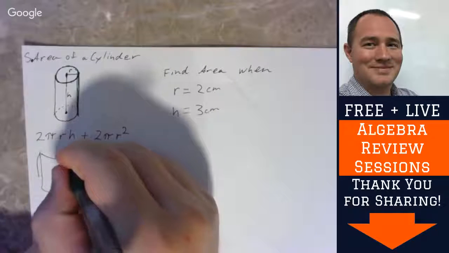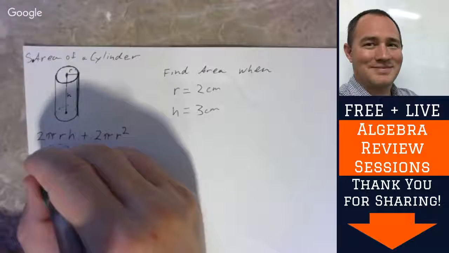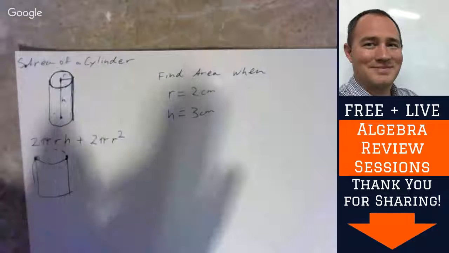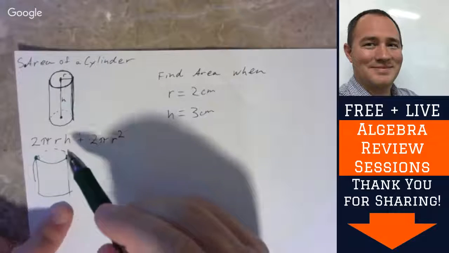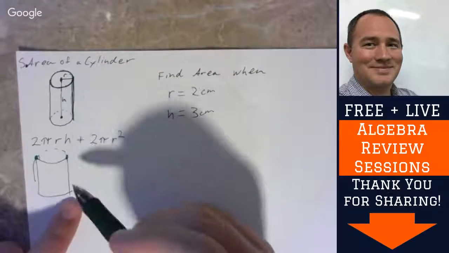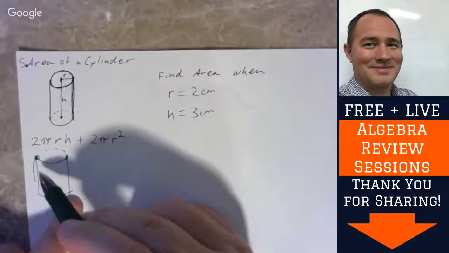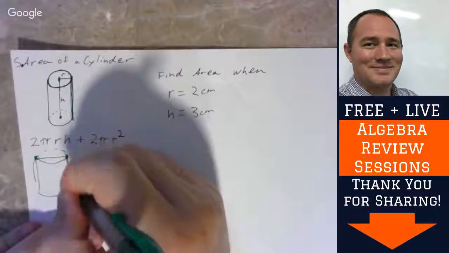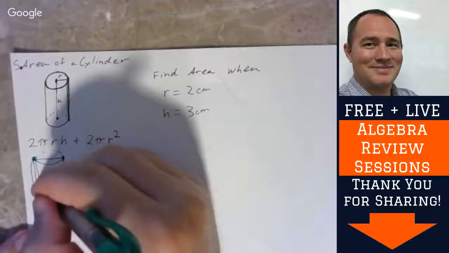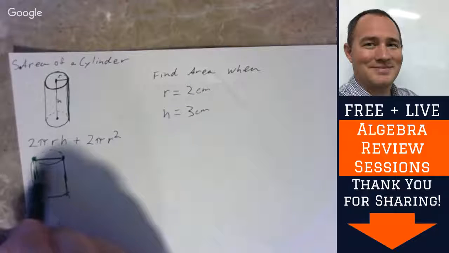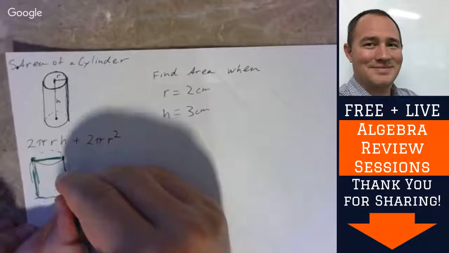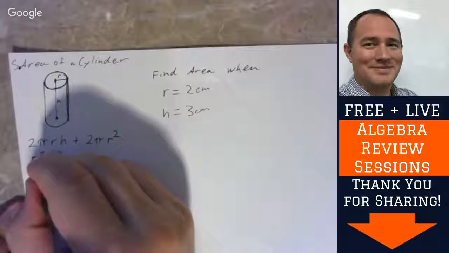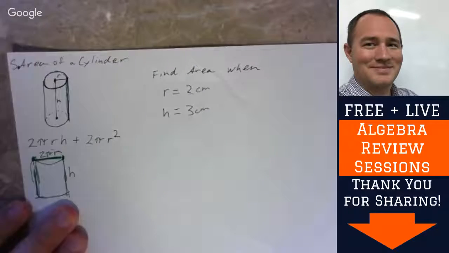So if we unwrapped this label from this can, that would be the area, and if we fully flattened this label out, it would end up being a rectangle. And this dimension here would be your h, and this dimension here would be your 2 pi r.